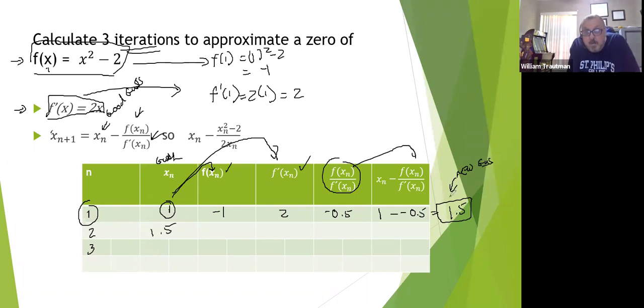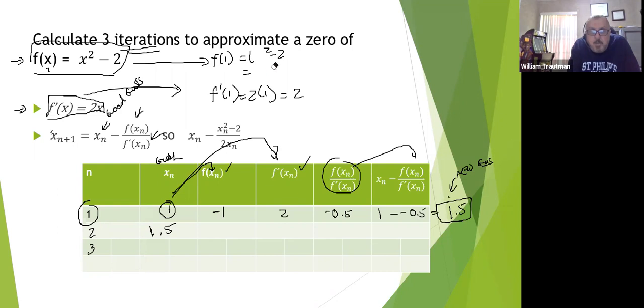I'm putting 1.5 as my new guess for the second iteration. That means I'm going to get closer to the 1.4 because now I have a closer guess.